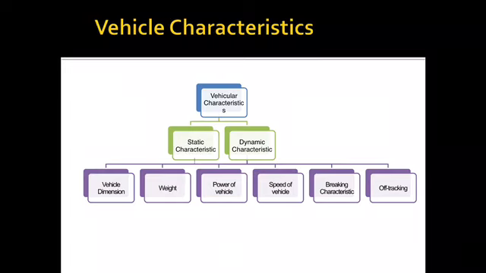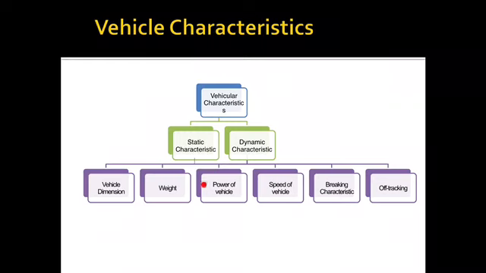Next come the dynamic characteristics. Within the dynamic characteristics, we need to study the speed of the vehicles. That's the most important thing. Why that is required, we'll study in the further slides. Apart from the speed of the vehicle, we have to study the braking characteristics: the type of brakes provided in the vehicles and the efficiency of the brakes. All those things are important to be considered.